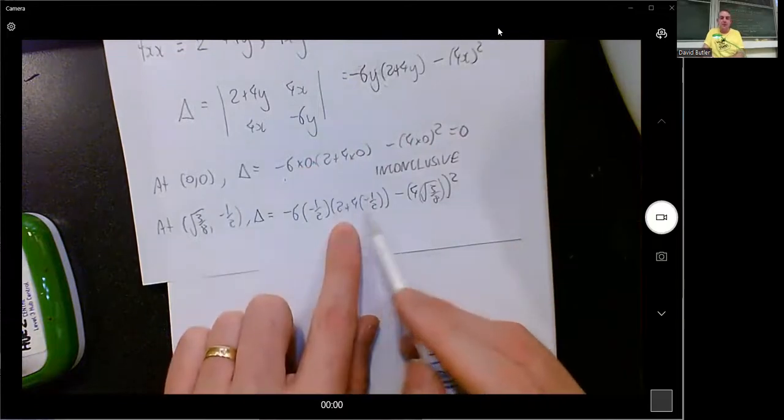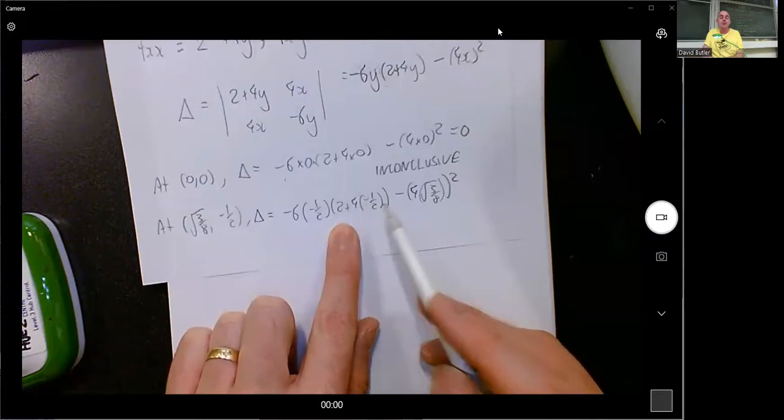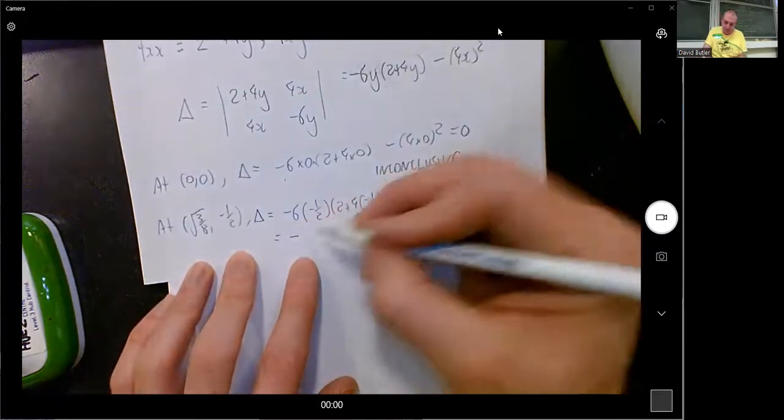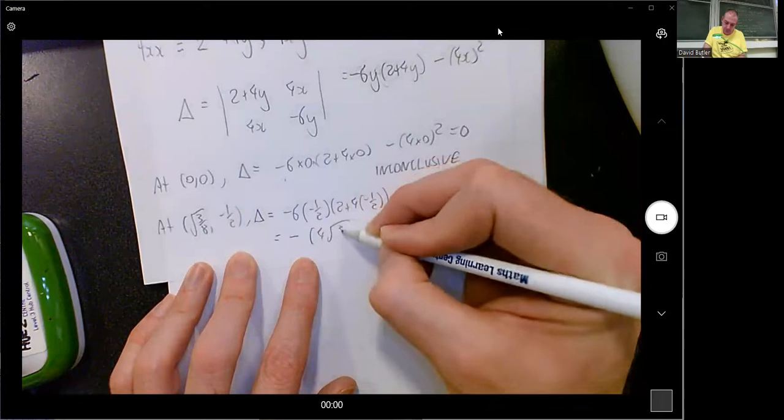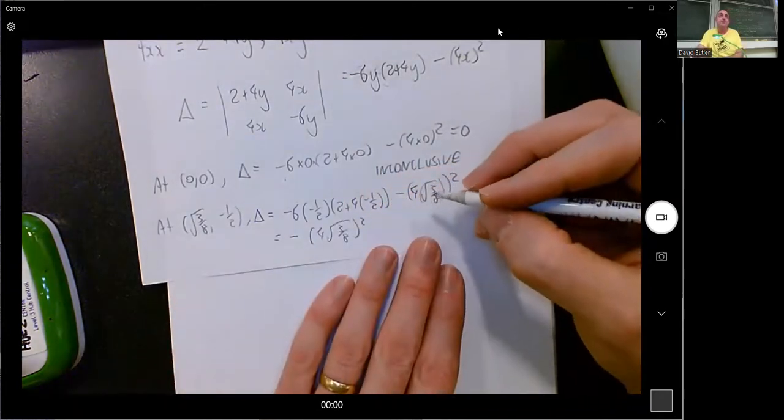Oh, that's 0 just there, isn't it? 2 minus 2. So that's negative, and so therefore it's a saddle point.